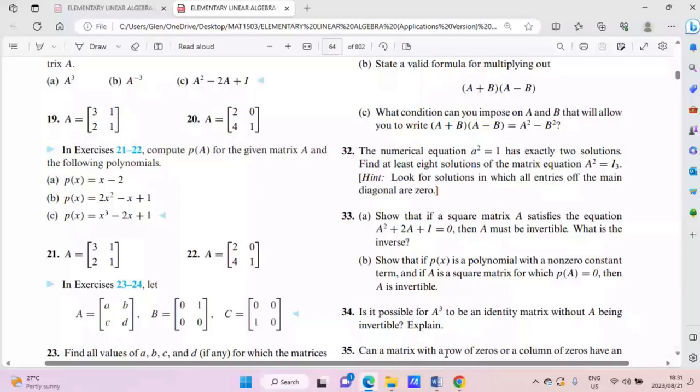Coefficient AB, it's 2 times 0, which is 0, 4 times 1, which is 4. 0 plus 4, it's 4. And then coefficient BA, it's 4 times 2, which gets you, I think it's 8. And then it becomes 1 times 0.